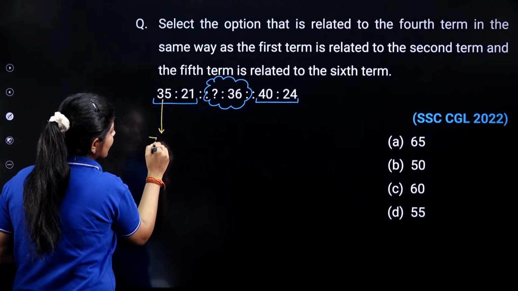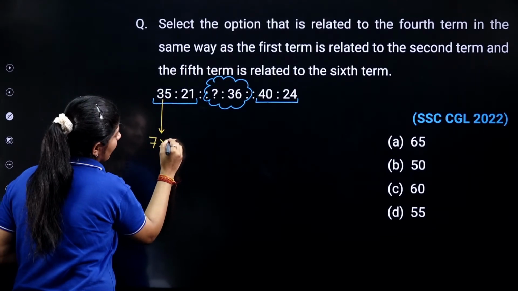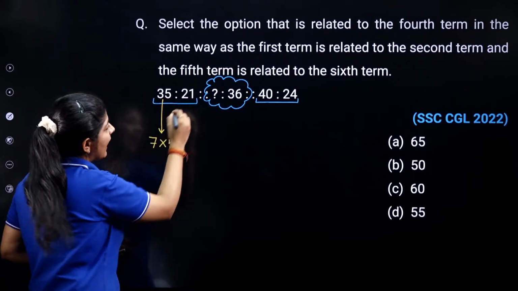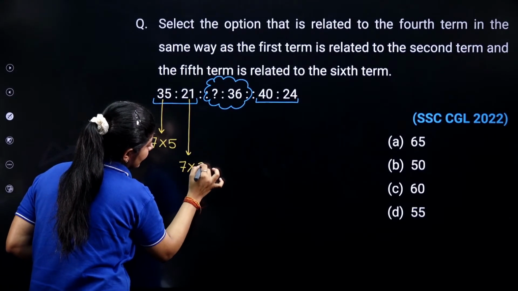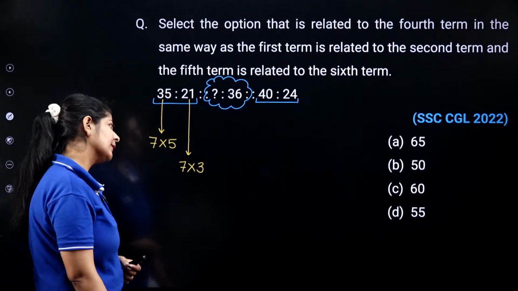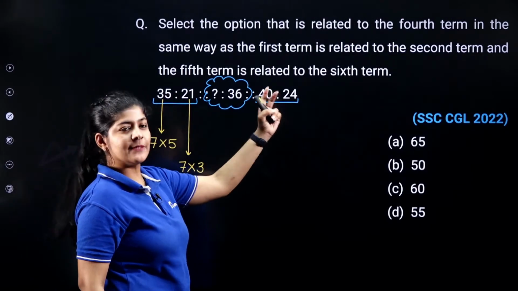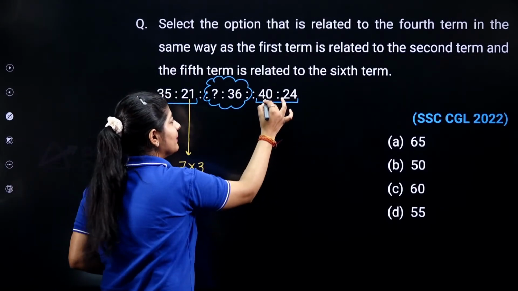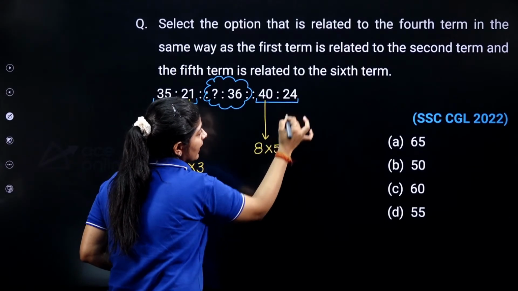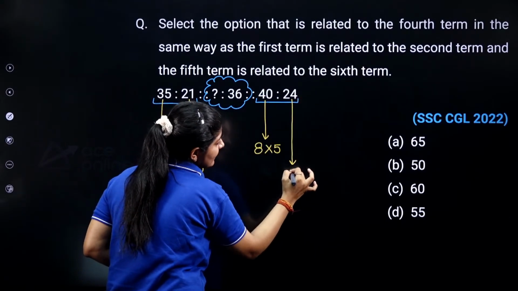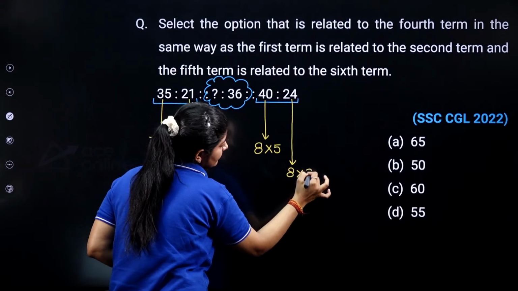I can break 35 as 7 multiplied by 5, and I can break 21 as 7 multiplied by 3. Clear? Okay. If I talk about this particular pair, I can break this as 8 into 5 and I can break this as 8 into 3.